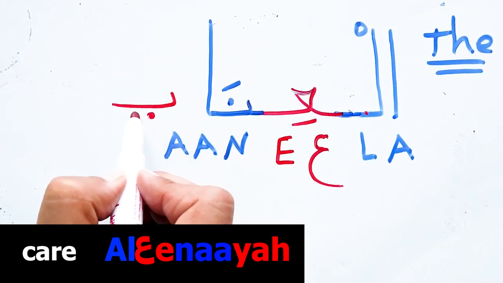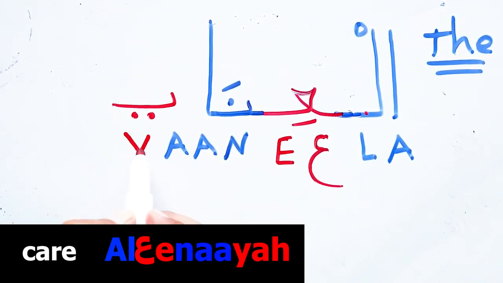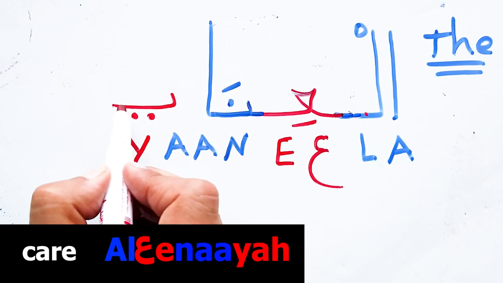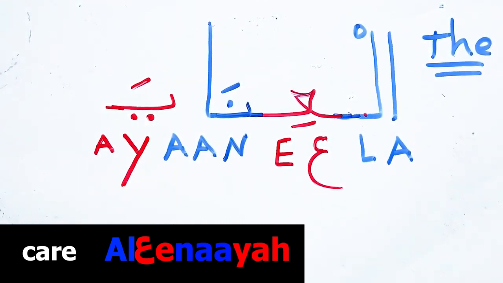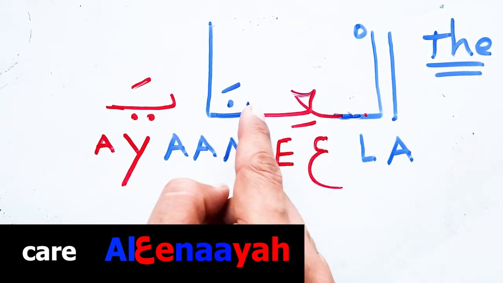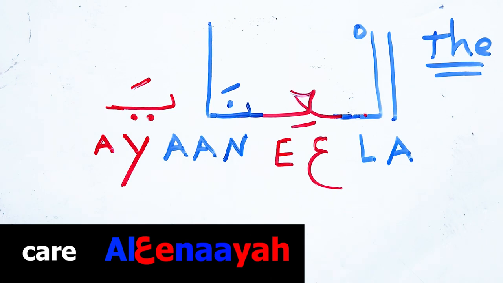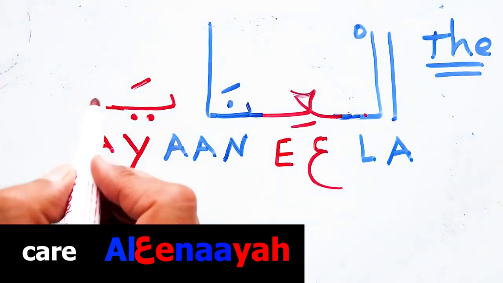Another sound of Y. So here, sound of Y, this with fatha. Now we will add another A. So how is it? العناية. But I say what? I say العناية. There is the sound of H in the end.